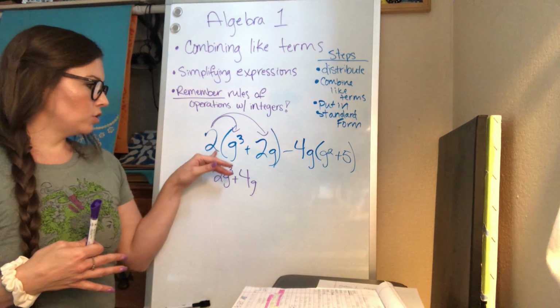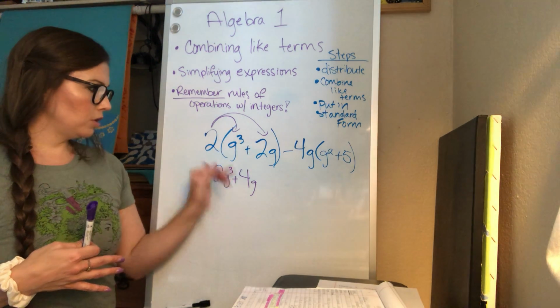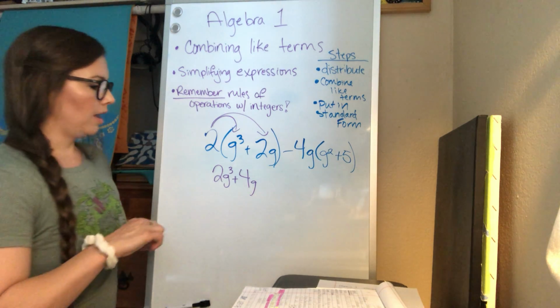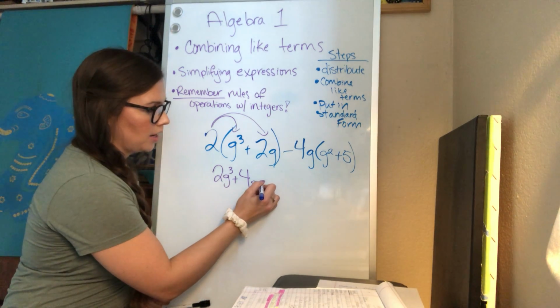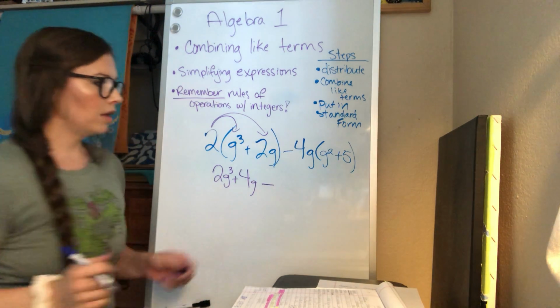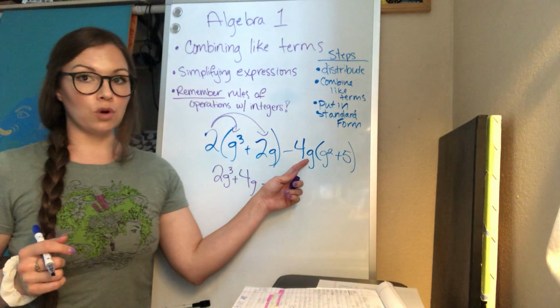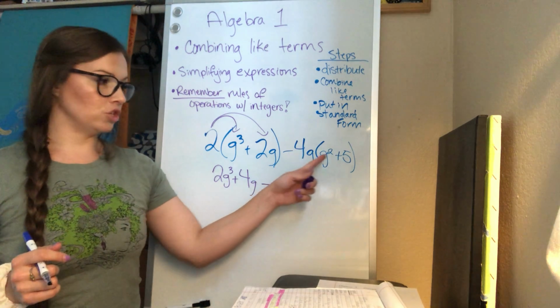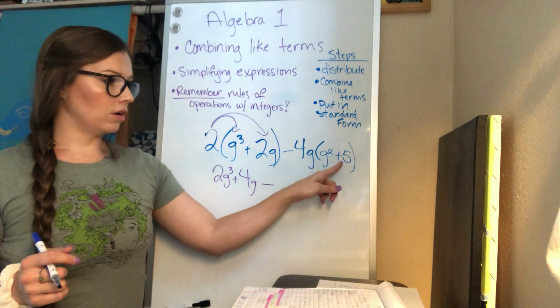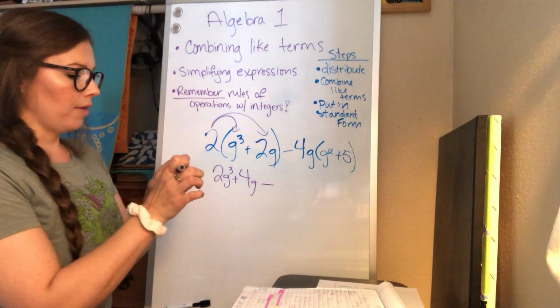So here, 2 times g cubed became 2g cubed. 2 times 2g became 4g. Okay, I'm going to put my subtraction sign. But I have to remember when I'm distributing this 4g that I'm distributing a negative 4g, not a positive one. So my answers have to coincide with that, okay?